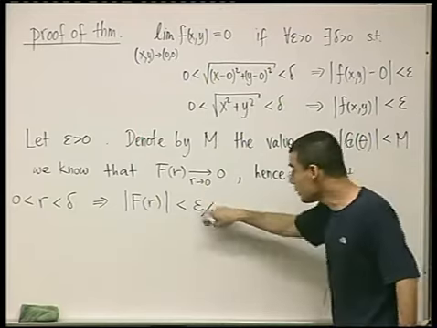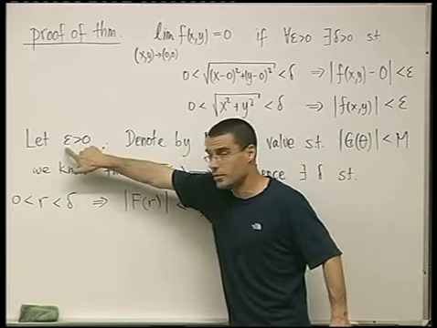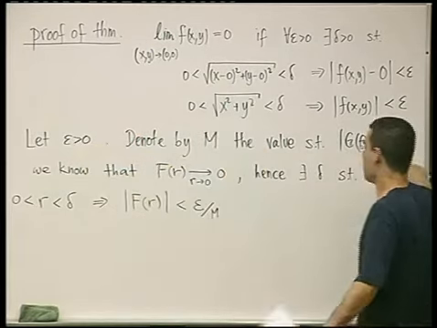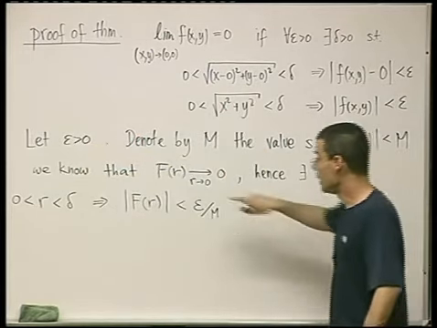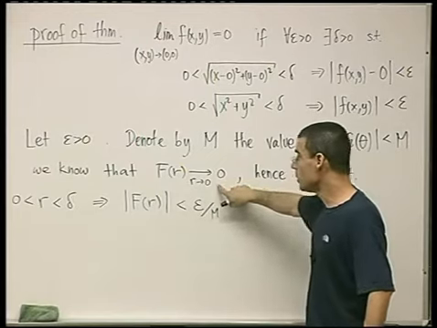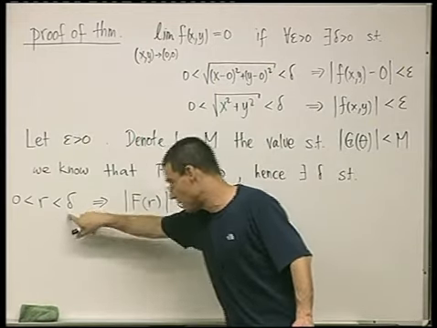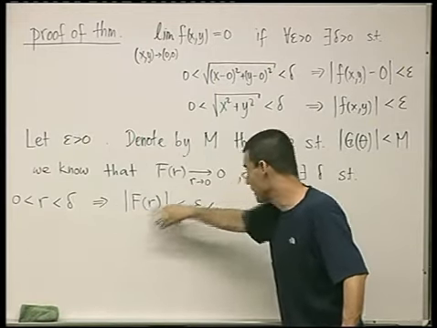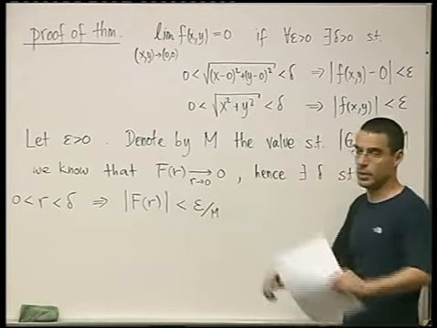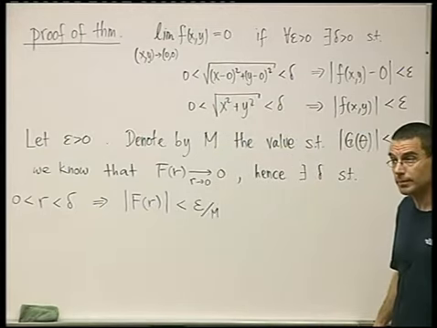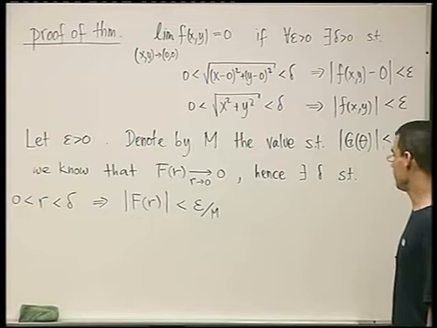Okay? So do you agree that for whatever this epsilon was, divided by M, call that epsilon now. Since this limit is 0, there exists a delta such that if r is less than delta, the value minus 0 is less than epsilon over M. Do you agree? Okay, very good.